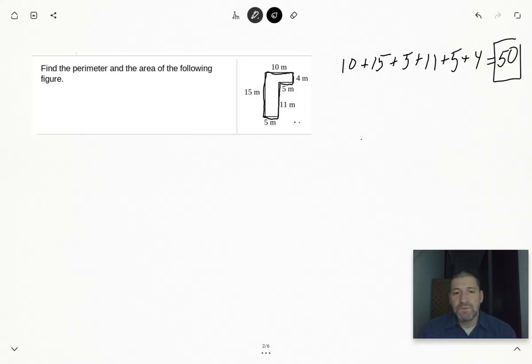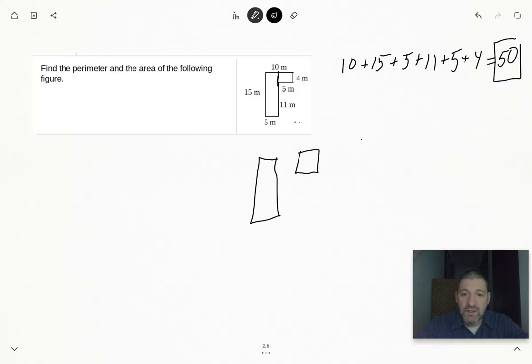Now for the area of this, it helps to break it into shapes that we can easily get the area of. One way to do that would be just to draw a line. If I draw a line right here, that would separate our shape into two rectangles.